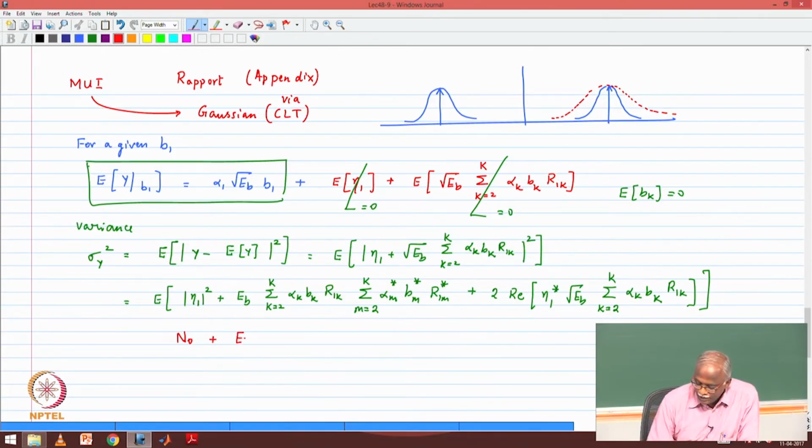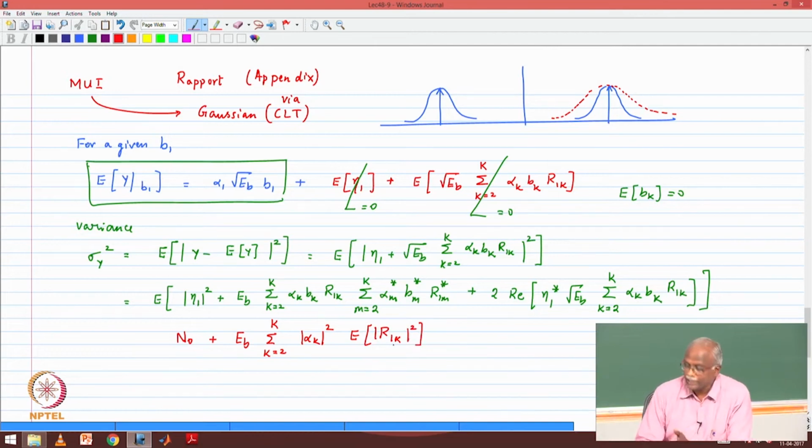So it will be EB summation, just a single summation now, k equal to 2 to uppercase K alpha k mod squared expected value of r 1k magnitude squared. Bk squared will be equal to 1, and of course this term will also go to 0 because you get the expected value of bk. So this is a very important equation. I just want you to pay attention to it. What is it that we have done?